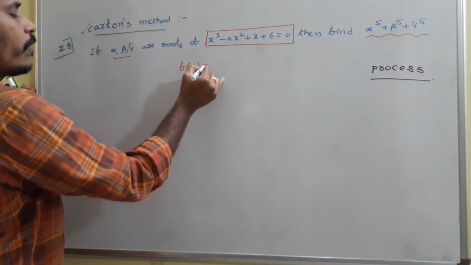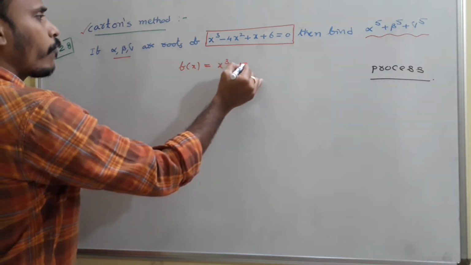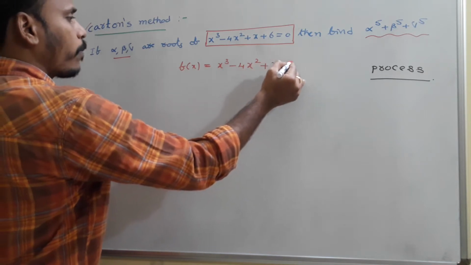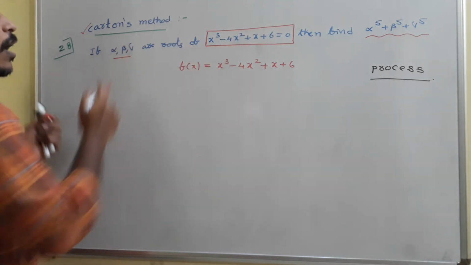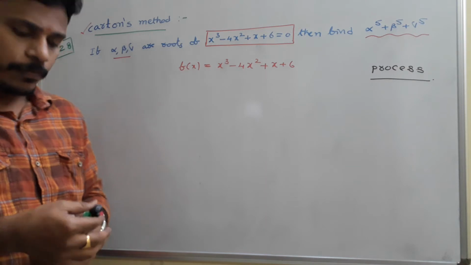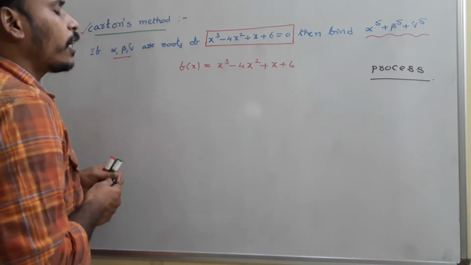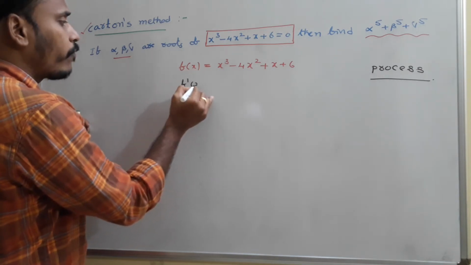Take the given polynomial as f of x or p of x, anything. f of x is x cube minus 4x square plus x plus 6, and this polynomial equation has roots alpha, beta, gamma. I am simply giving you the procedure. Then immediately you need to calculate f dash of x.